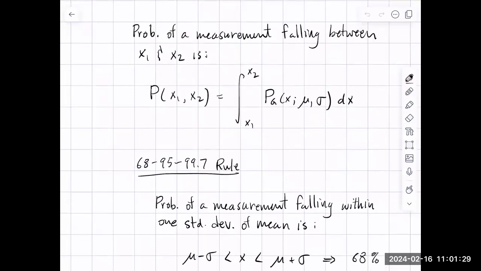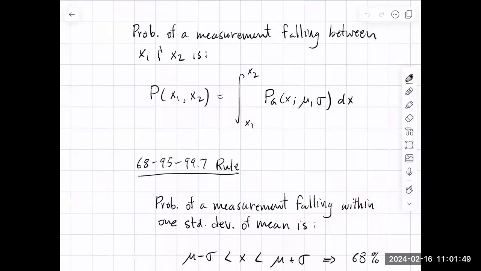It was by taking this integral of the Gaussian distribution between those two limits. If we make the limits plus and minus infinity, then that would have to evaluate to 1, because the probability of a measurement falling anywhere has to be equal to 1.